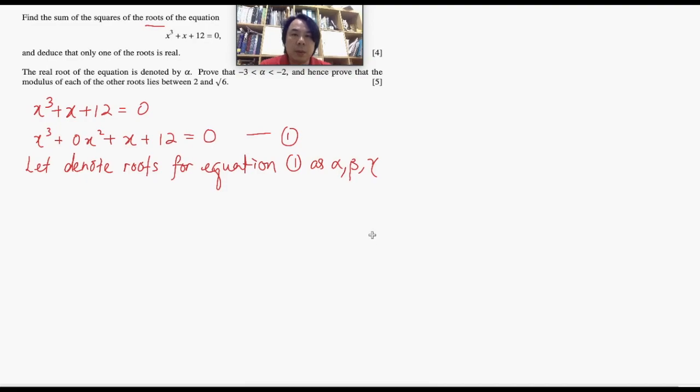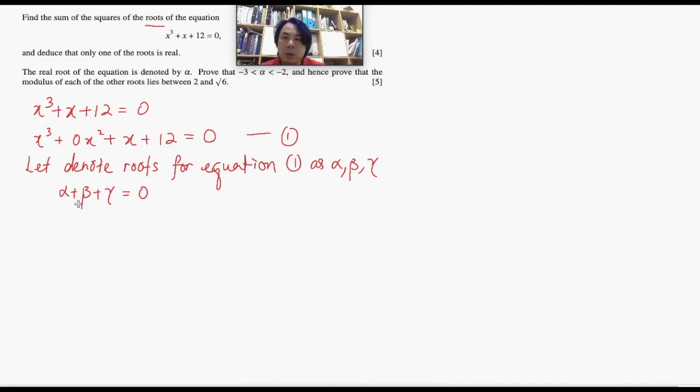This is a typical symbol that we use to denote all the roots of this equation. Now by using properties of the polynomial equation, we can deduce that the sum of roots is equal to 0. That will be one of the properties.